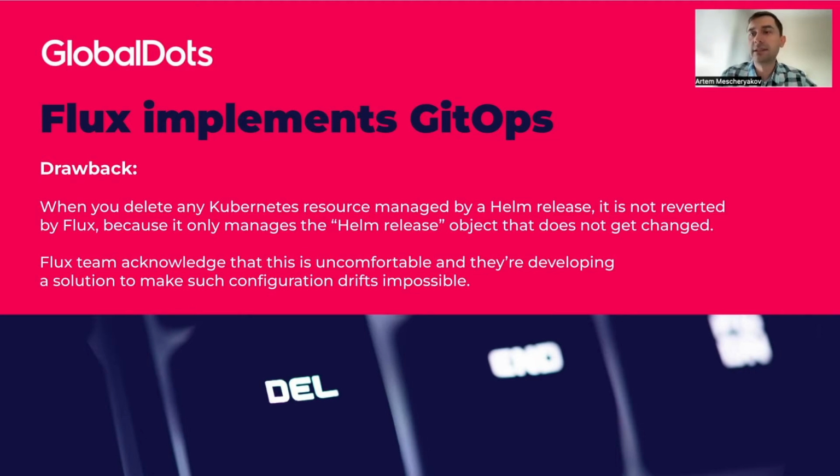Flux will not detect that a Helm managed object was changed. It will not revert these changes syncing with the wrapper, because Flux syncs the values that are kept in the Helm release. It doesn't sync the values that are getting eventually rendered from the Helm release.